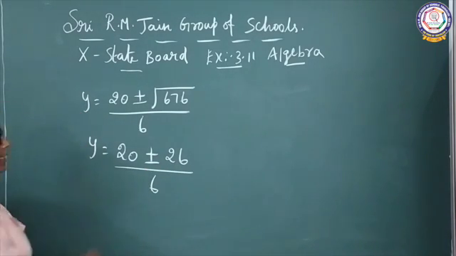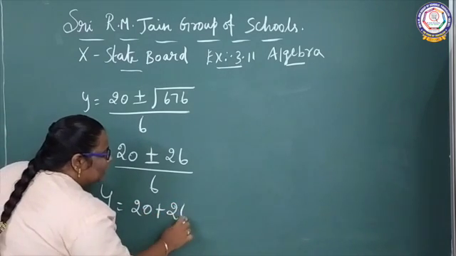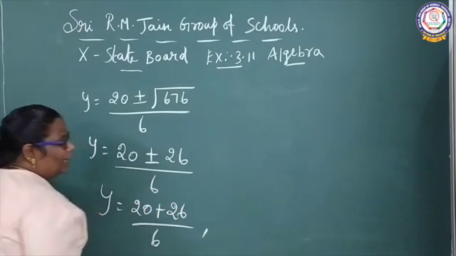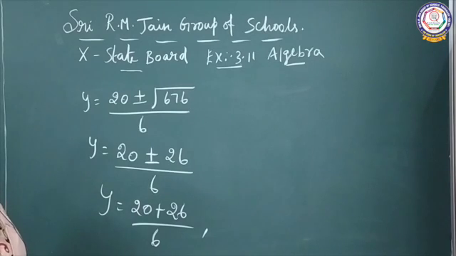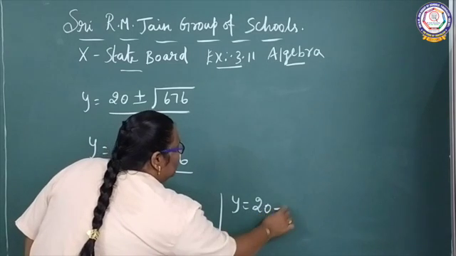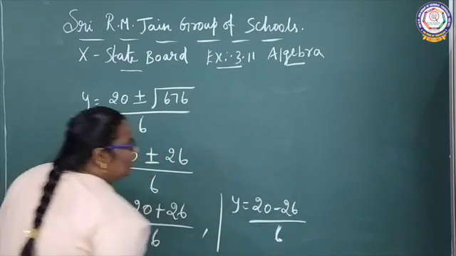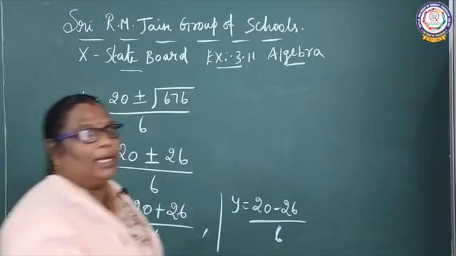So you separate the values, not the equation: 20 plus 26 by 6, and 20 minus 26 by 6.